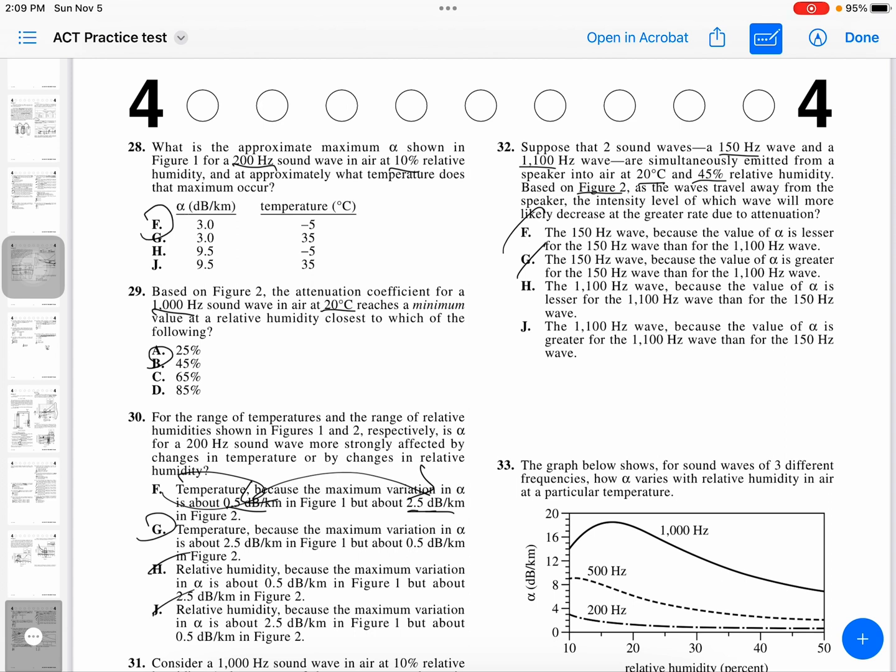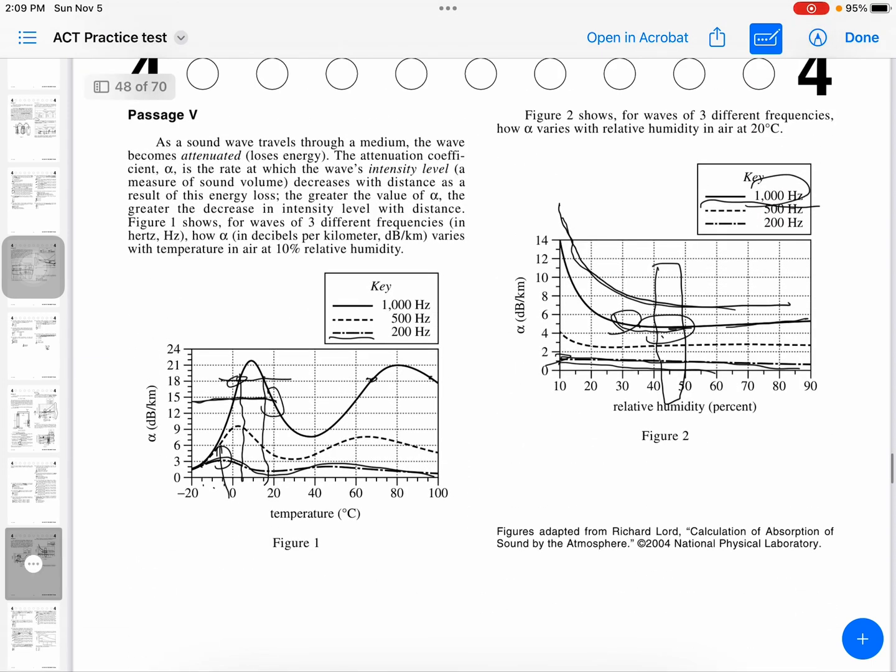Because the A value is less than, or the A value is greater than. Well, the beginning A value here, the decibels per kilometer, is definitely greater for the higher frequency at the start.